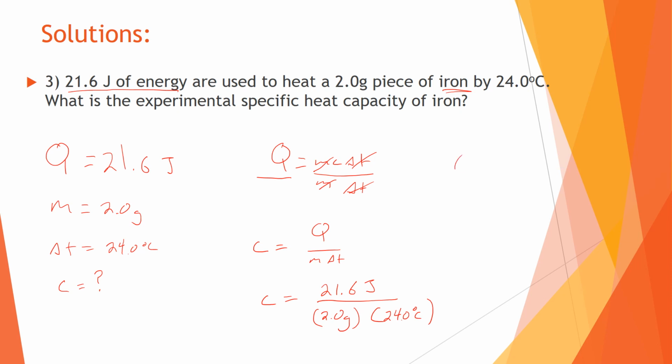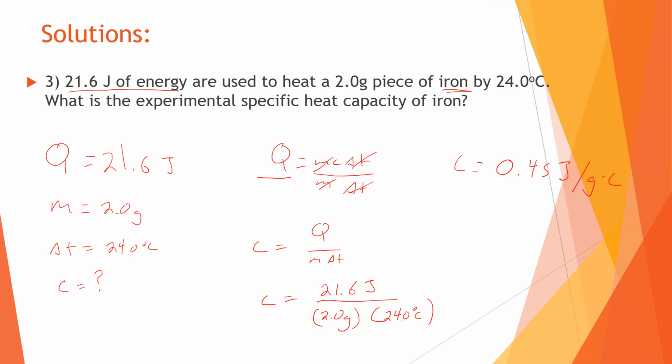So C is equal to 0.45 joules per gram degrees Celsius. So that's the experimental specific heat capacity.